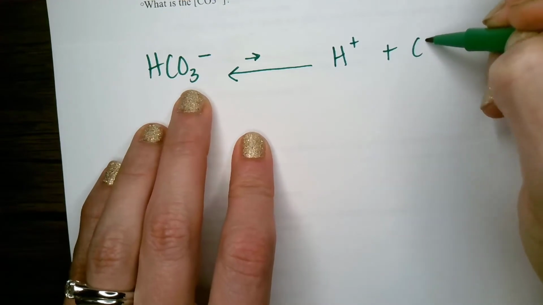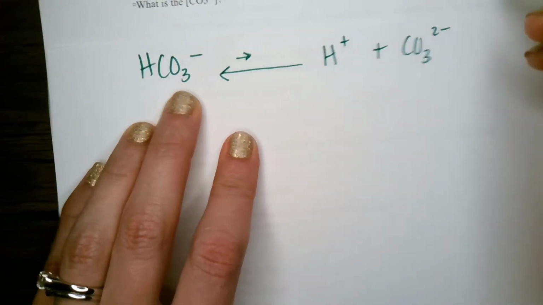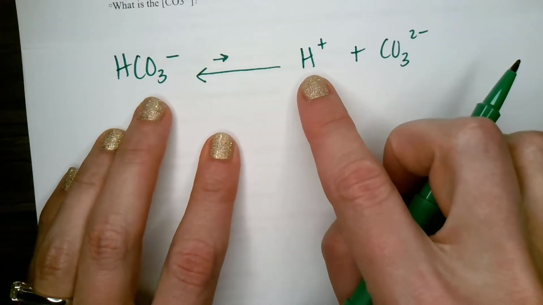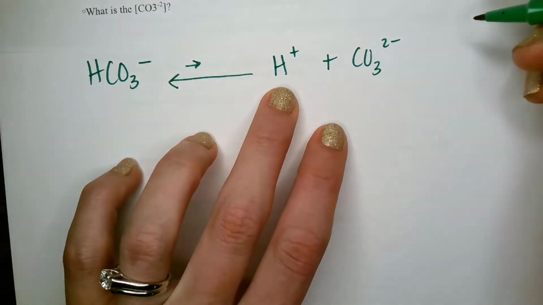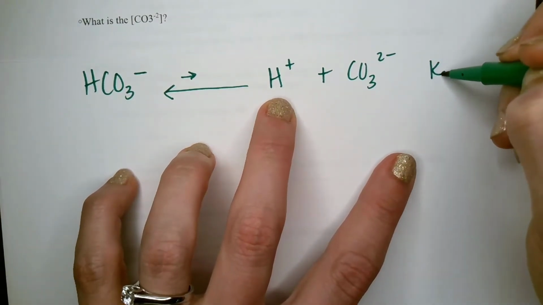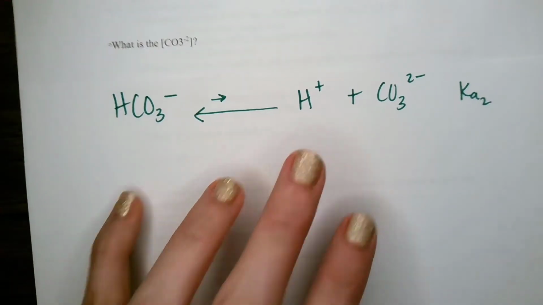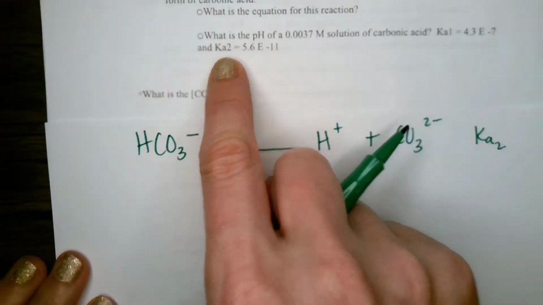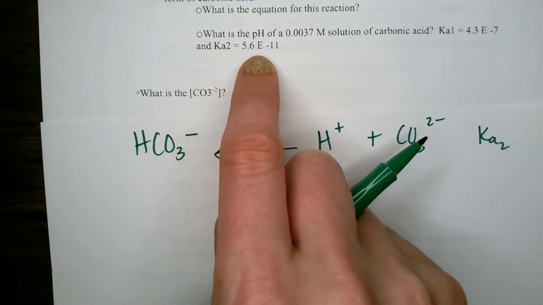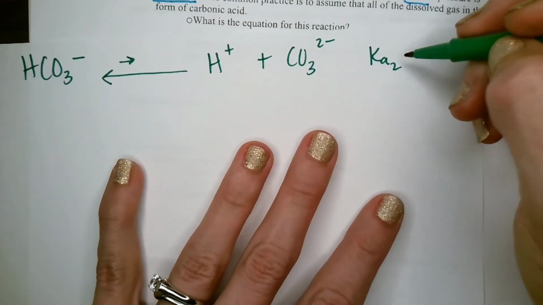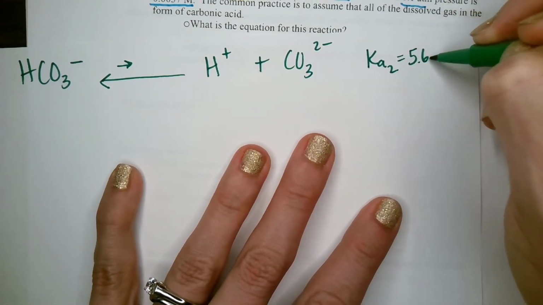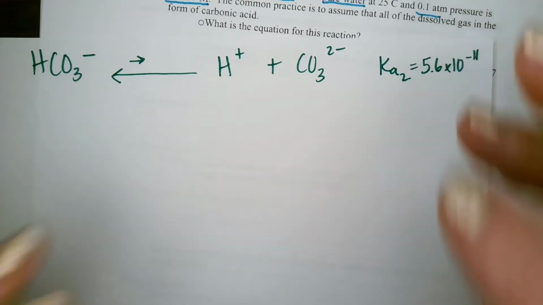To pull off that proton will give us H plus and CO3 2 minus. And since we're doing it the second time and pulling off that second proton, this is called our Ka2. And if we look back here in our original problem, it tells us that Ka2 is 5.6 times 10 to the negative 11th.